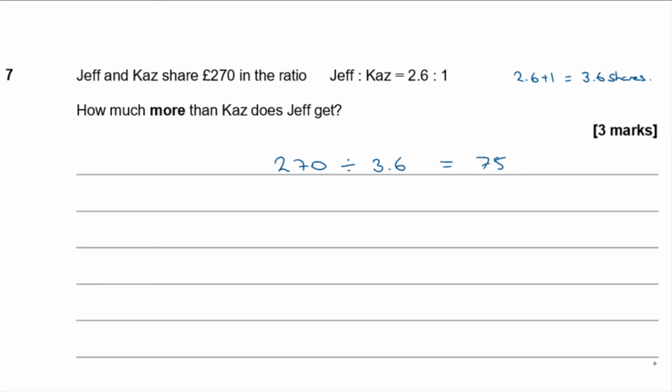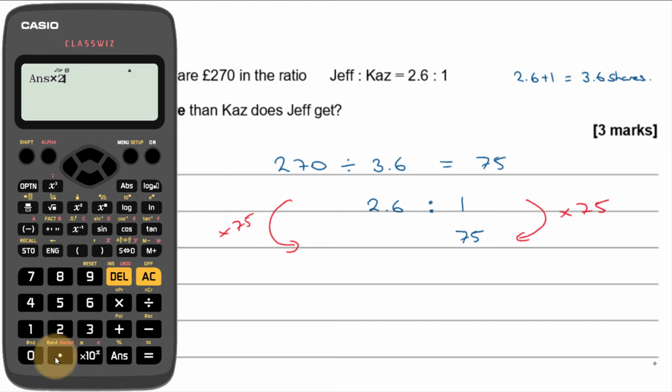So that means if we take the ratio of 2.6 to 1 and scale it up by a factor of 75, we should get the amount that the two receive. Okay, well, the one on the right, Kaz's one's pretty easy. 1 times 75 is 75. But what's 75 times 2.6? That's 195. Okay.